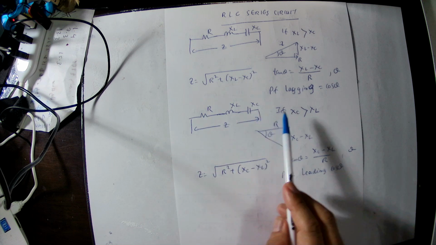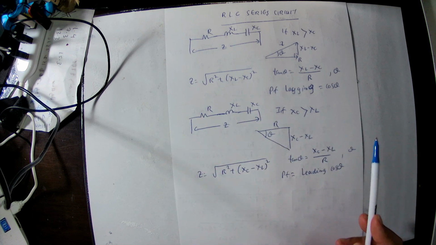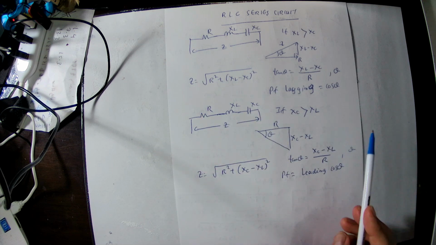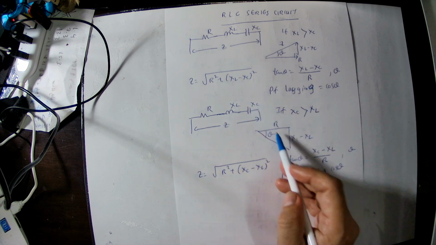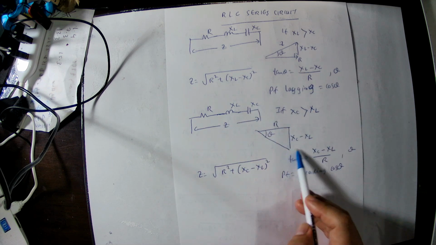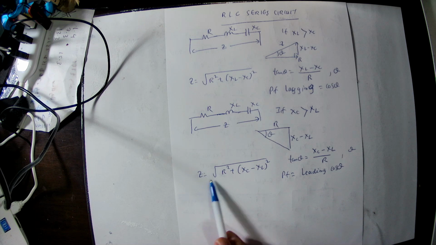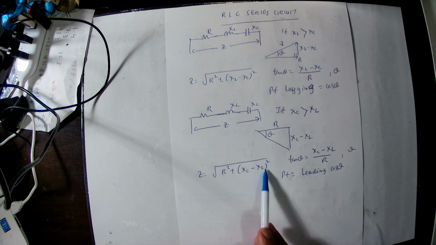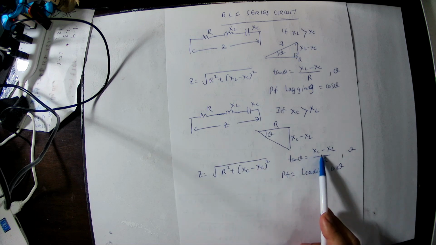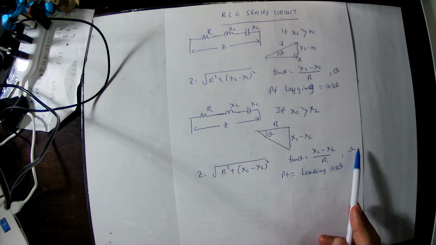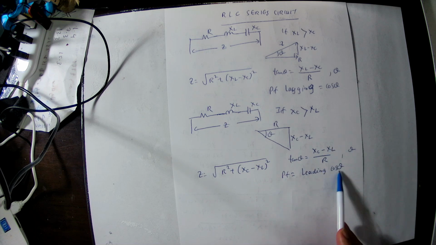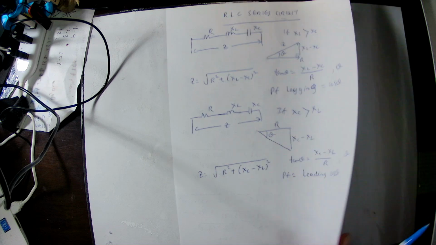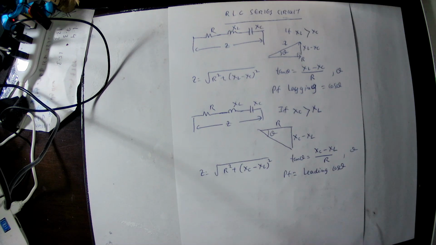If the capacitive reactance is greater than the inductive reactance, we can draw a diagram like this. This is the resistor, this is XC minus XL. So Z equal to square root of R squared plus XC minus XL the whole squared. Tangent theta is XC minus XL by R. So from here you get the angle theta, and cos theta is a leading power factor. So this is for capacitive reactance and inductive reactance circuits. We can calculate like this. Then we solve one problem.